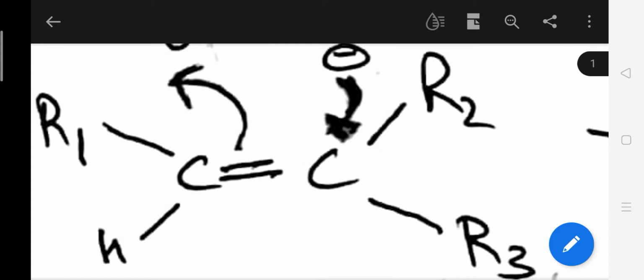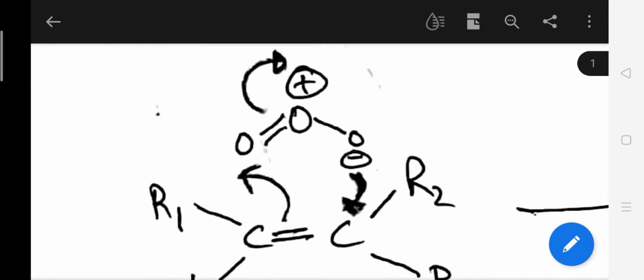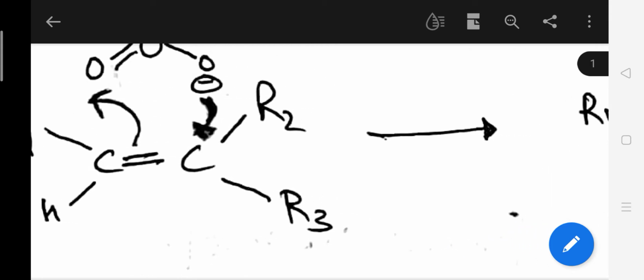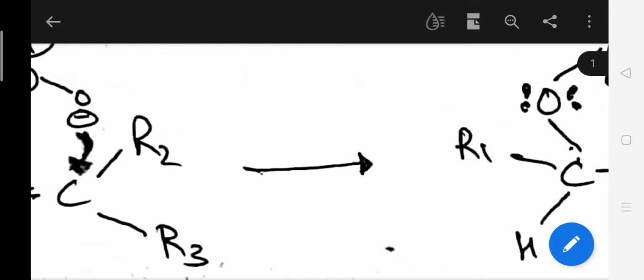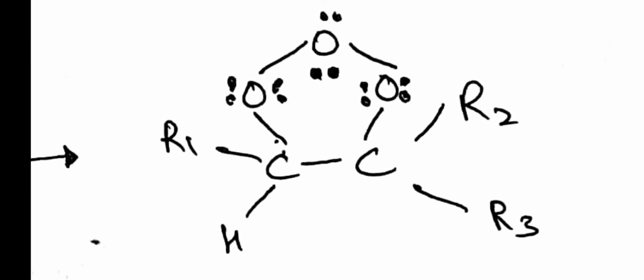If this is R1H, the carbon is C1 and this is C2. It is called a concerted mechanism, and the image you are going to get is something like this.